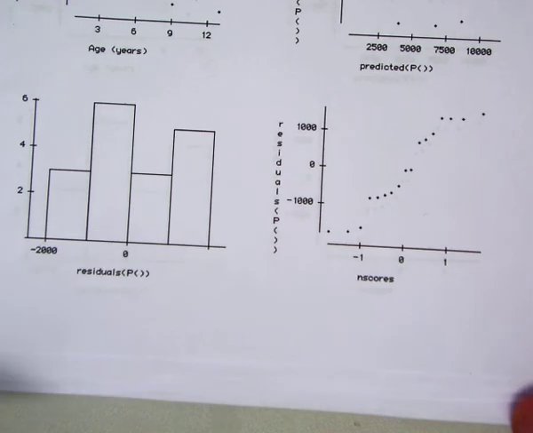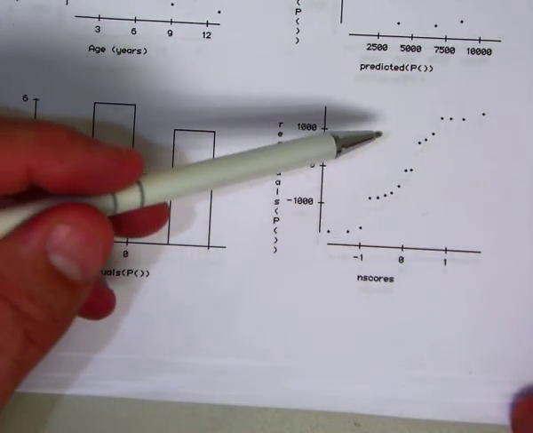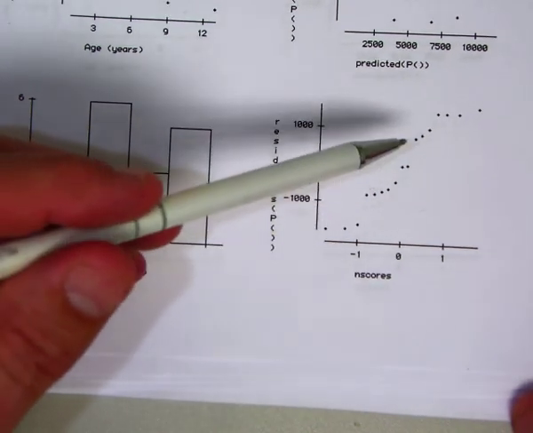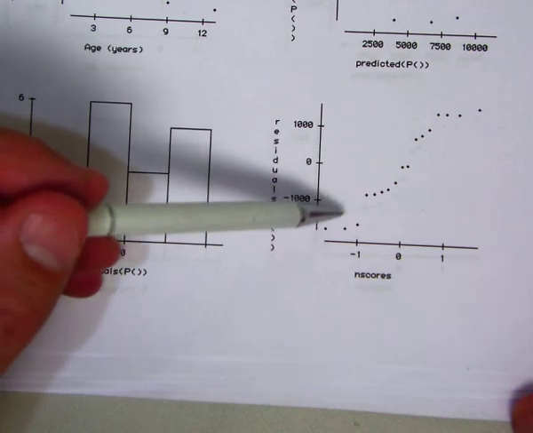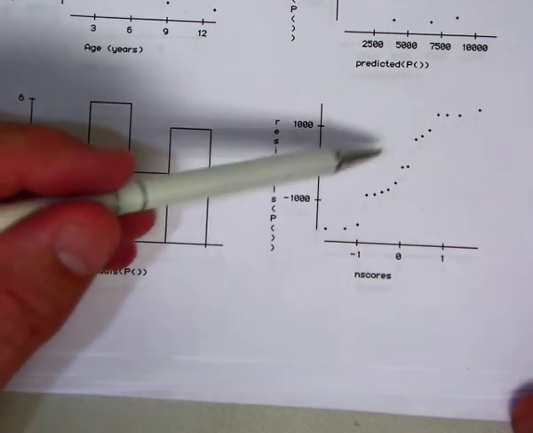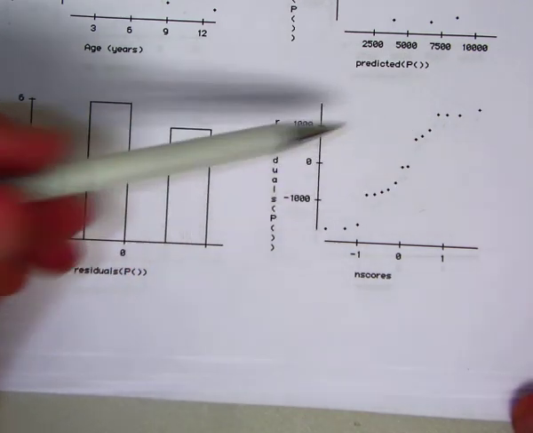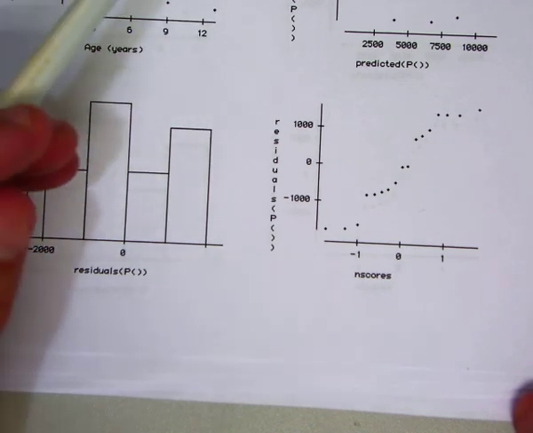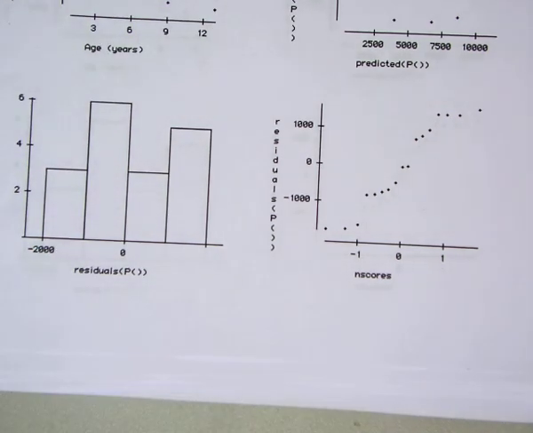My normal probability plot here is a little funky, with some curvature in it, but it's straight enough to proceed with testing a linear model here.